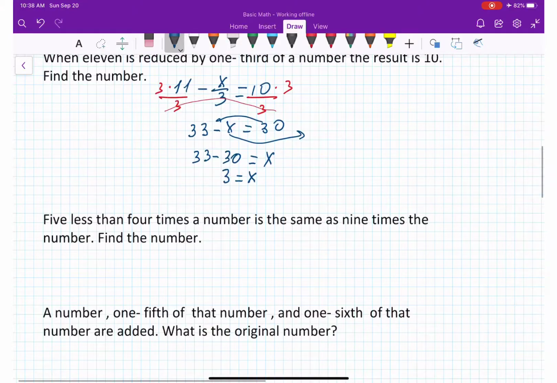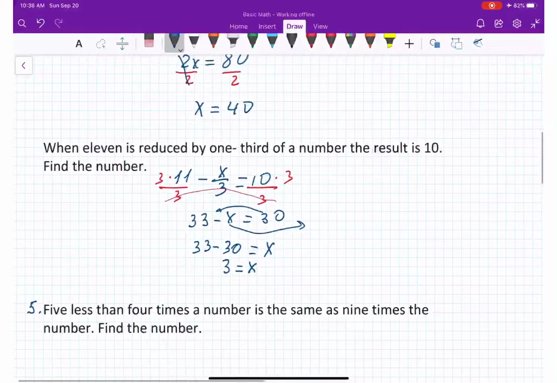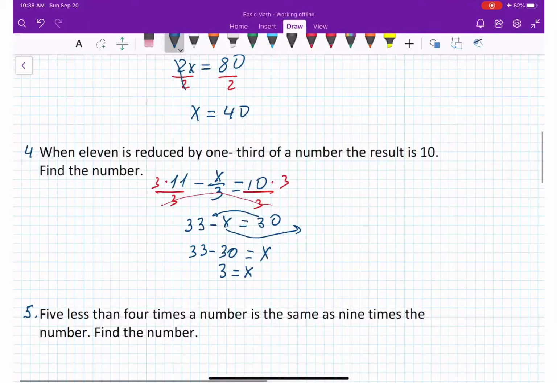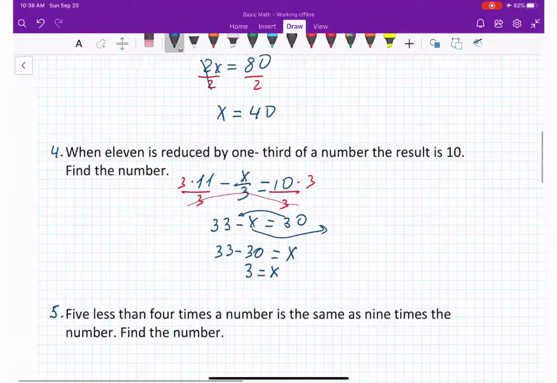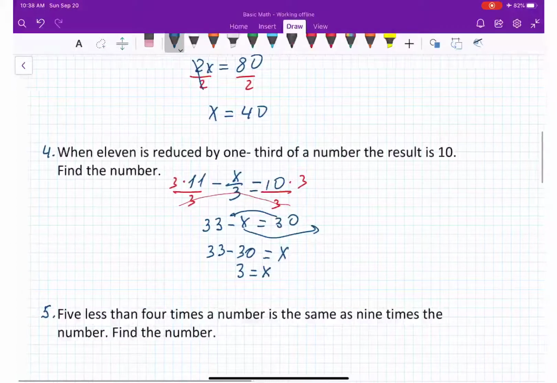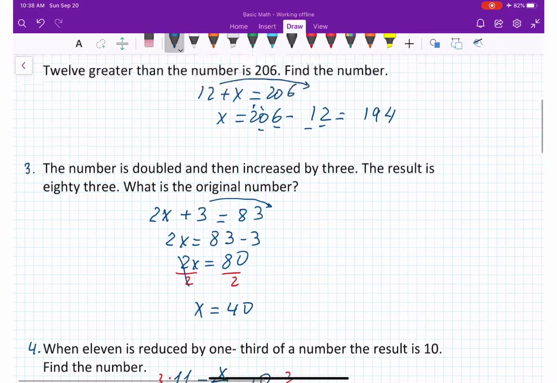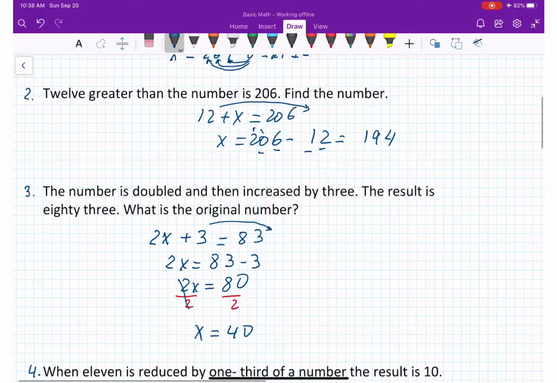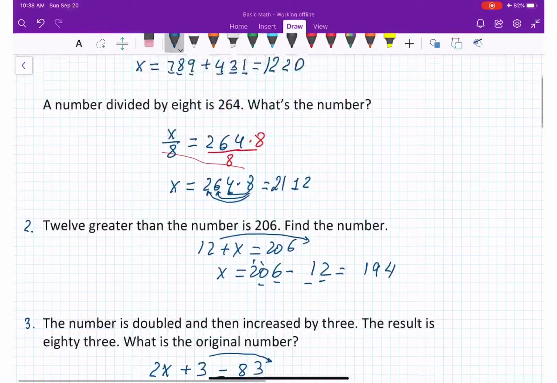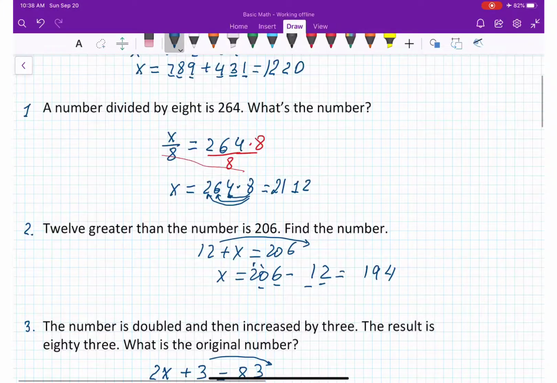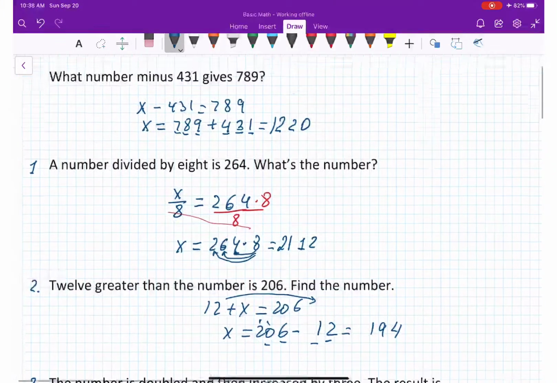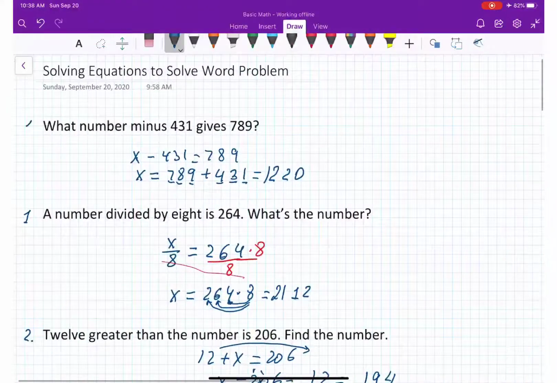Moving to the next question. Actually, let me number them. This is question 5. This is question 4. 3, 2, oh, this one is 1.